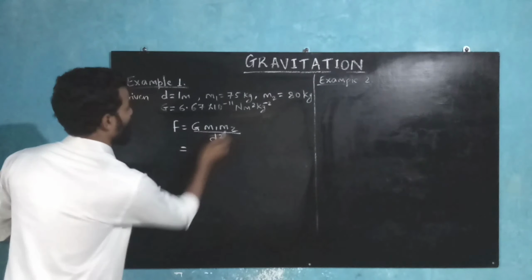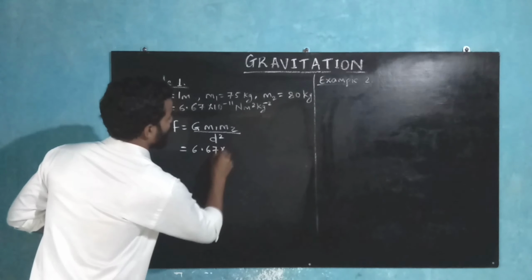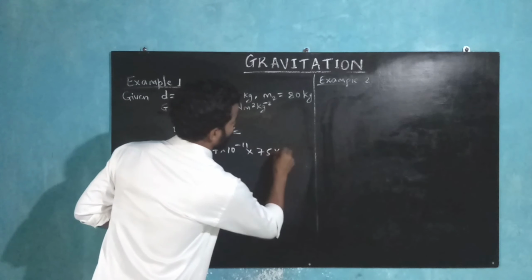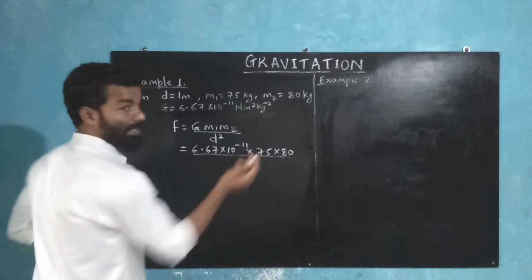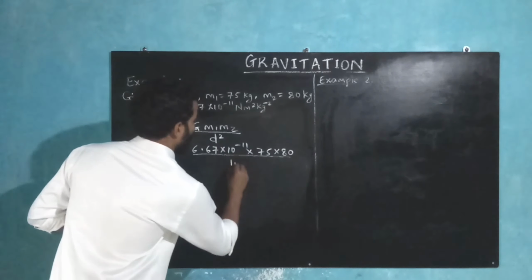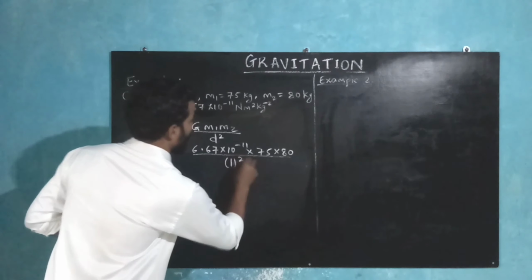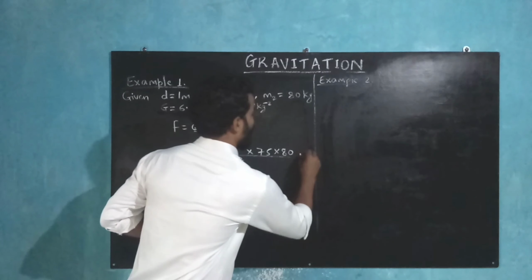Capital G will be 6.67 into 10 raised to minus 11. Mass 1 will be 75 kg, mass 2 will be 80 kg. And then the distance is 1 meter. Units we are not writing here. It's 1 square. The unit we will directly write for force, which is Newton.